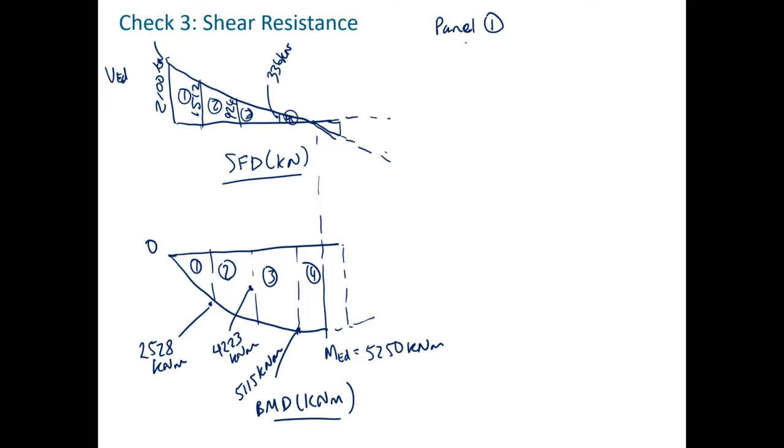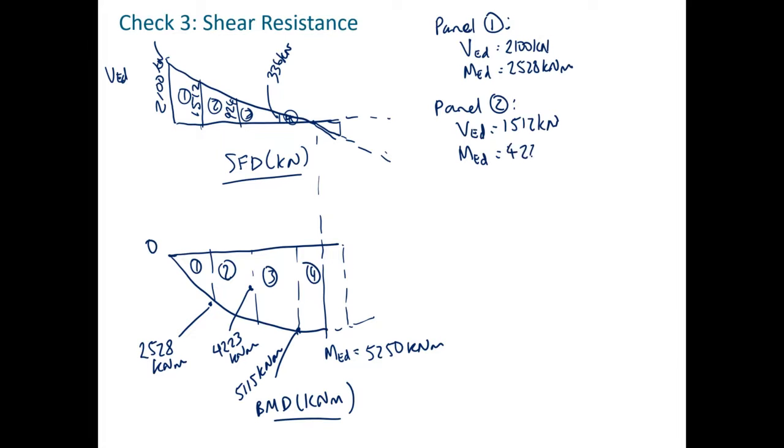We just checked. Well, we had VED is equal to 2,100 kilonewtons. MED was equal to 2,528 kilonewton meters. Panel 2. VED, in this case, is 1,512 kilonewtons, and the moment's getting bigger. Obviously, it's getting closer to the center. 4,223 kilonewton meters.